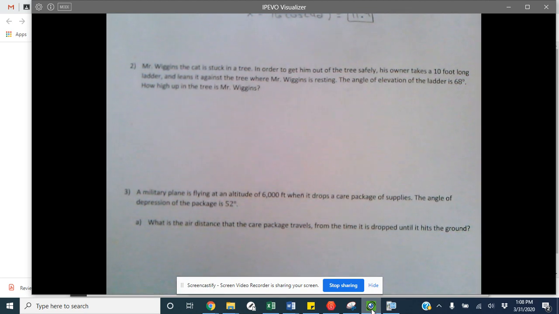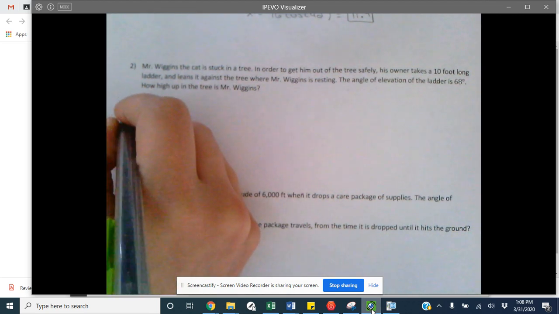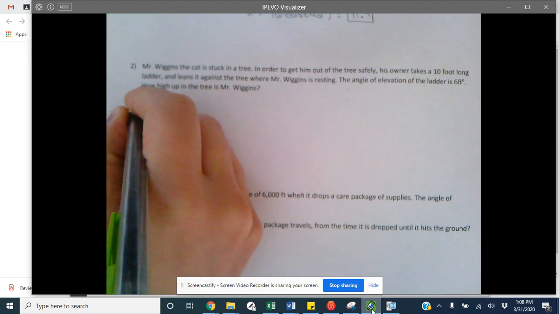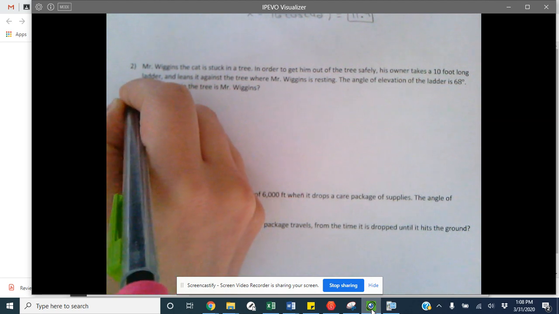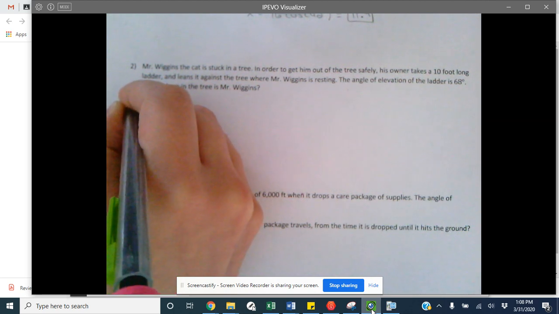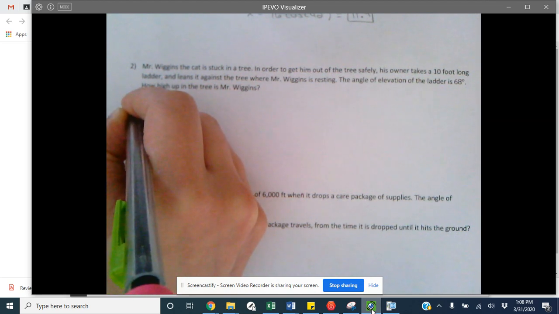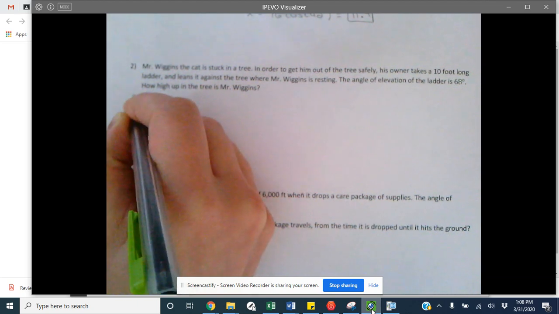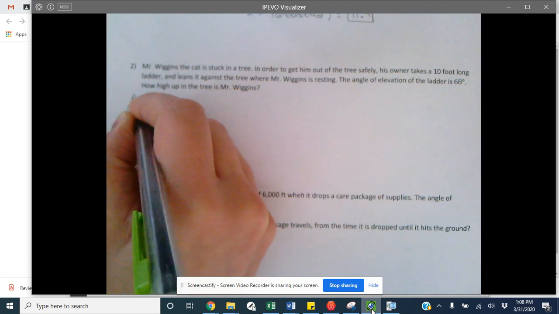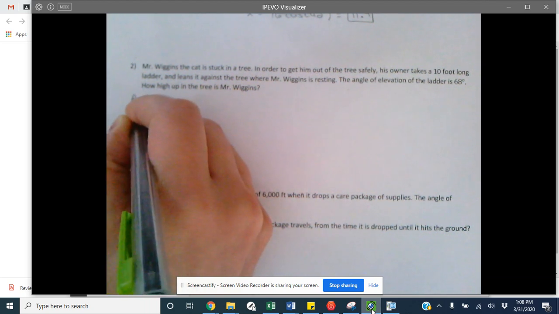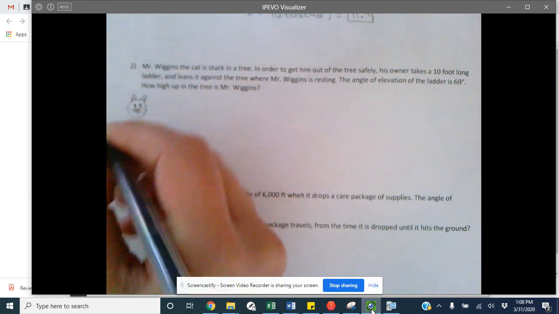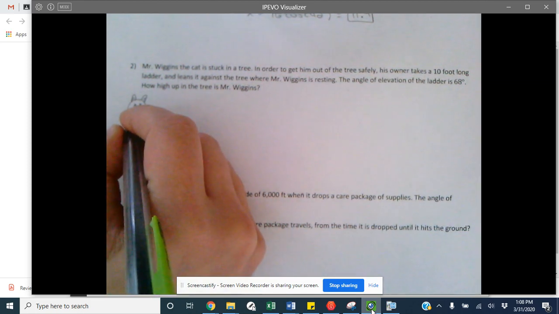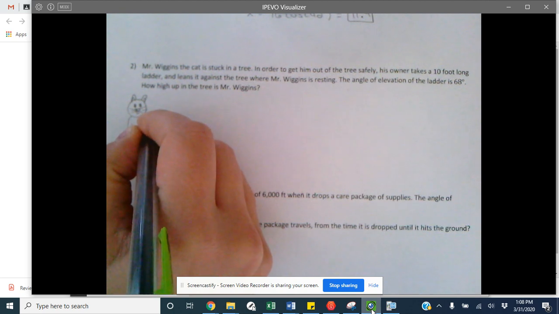So we have a cat in a tree. Okay. So first, let me draw Mr. Wiggins here, and don't make fun of me too bad. All right. So there's Mr. Wiggins. I'll give him a little body too.